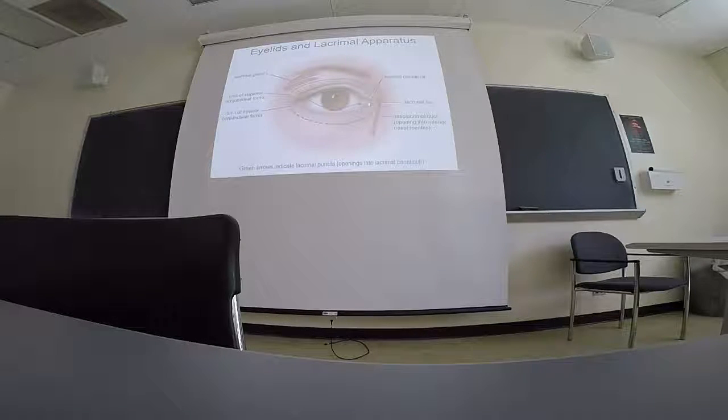There's sort of a couple of them, a superior and inferior one, that drain into this larger structure, this lacrimal sac. And then from there, the tears drain down this nasolacrimal duct, which opens into that space in the nasal cavity called the inferior nasal meatus.